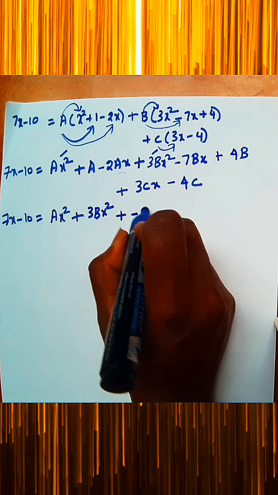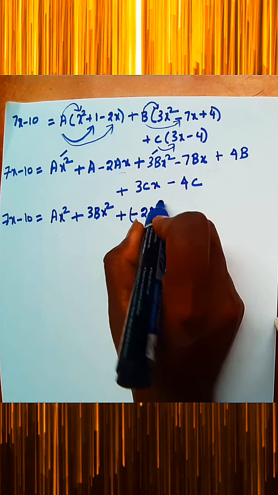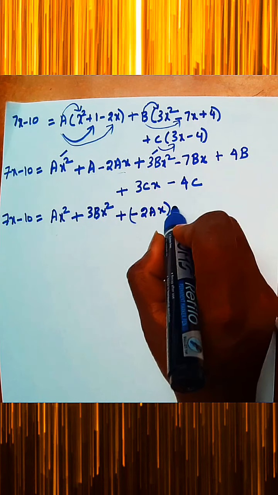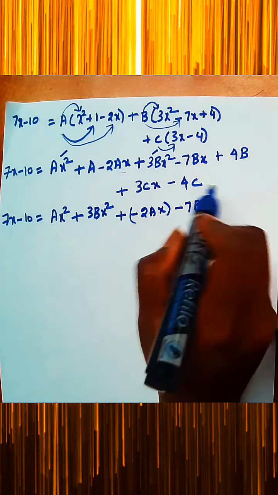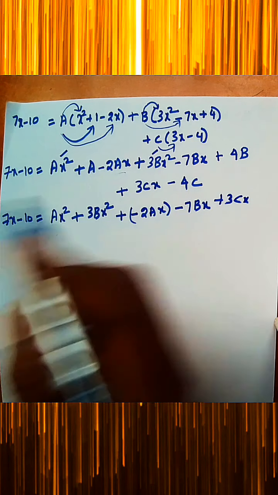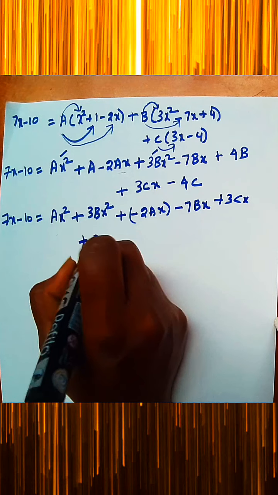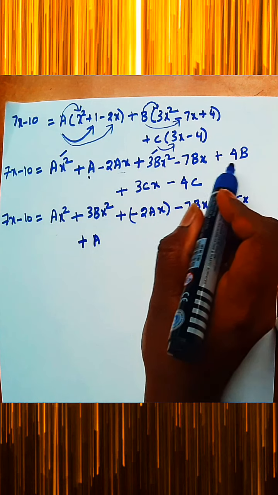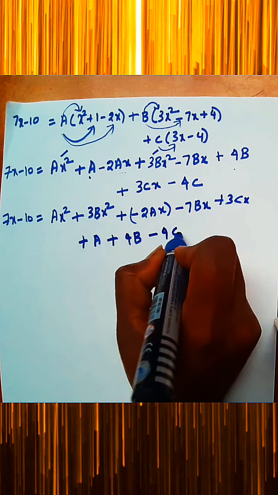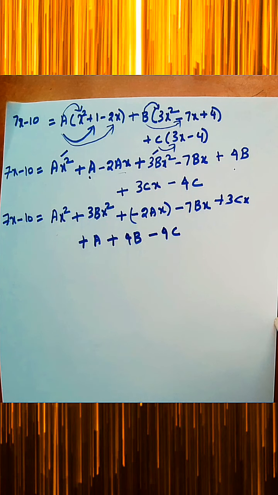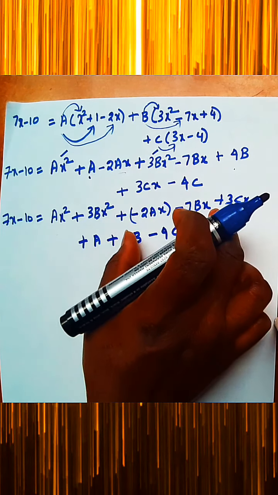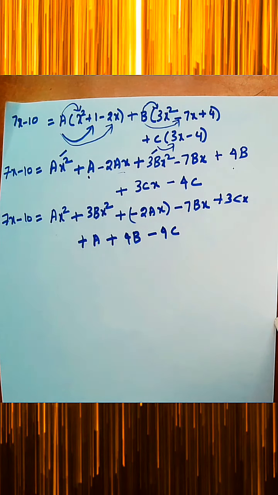You have minus 2ax, don't forget the sign, minus 2ax minus 7bx plus 3cx. And what are the constant terms you have? Plus a, plus 4b minus 4c. Okay friends, so I have taken the x square terms, then the x terms and the constant terms.